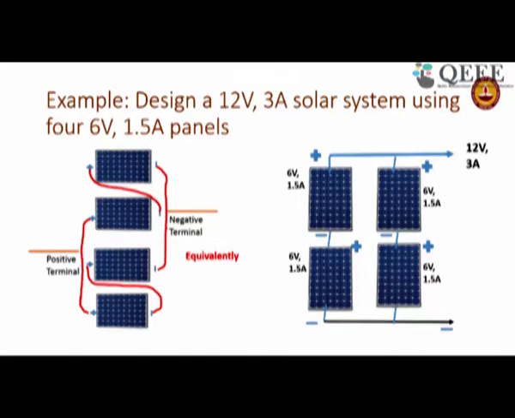But remember, these specifications that the panel manufacturer gives you are not the operating point. Operating point for a 12 volt solar panel will typically be 14 volts. If you take a 48 volt solar cell, operating point will typically be 55, 56 volts.